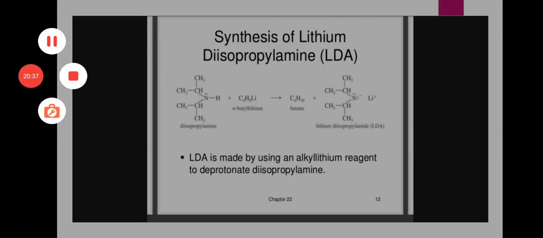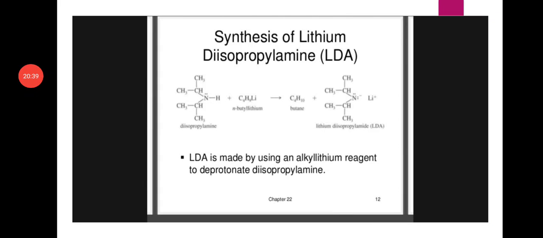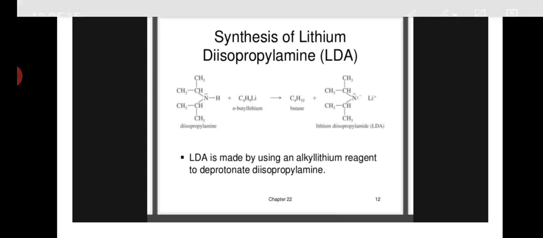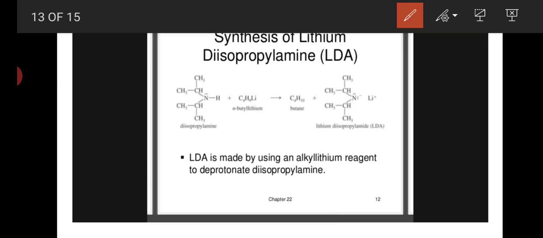Next is the synthesis of lithium diisopropylamide, LDA.